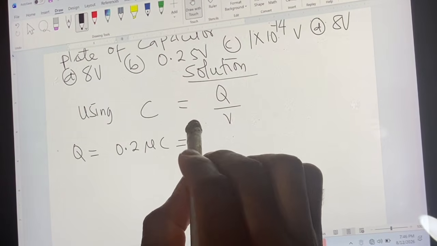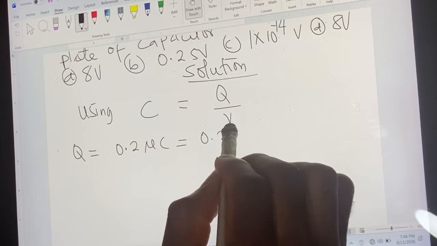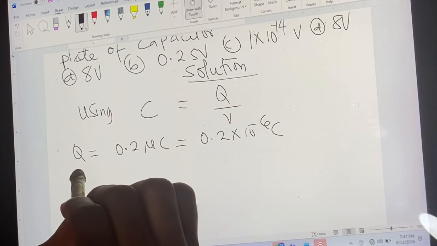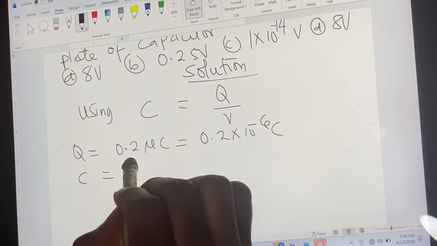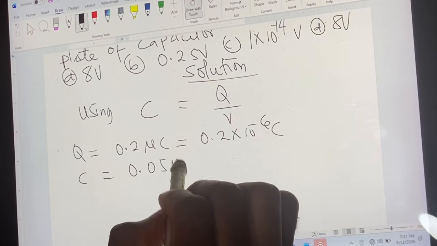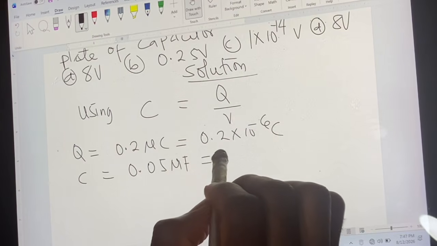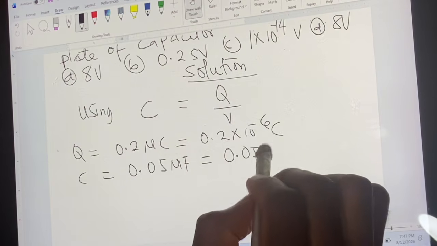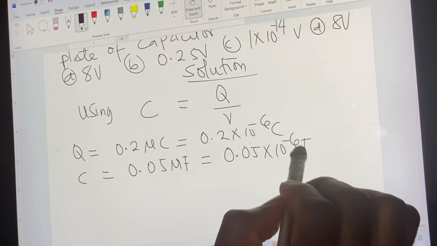Replacing the prefixes, we have this to be 0.2 times 10 to the power of minus 6 coulombs. The capacitance is given to us as 0.05 microfarad. Replacing the prefixes, we have this to be 0.05 times 10 to the power of minus 6 farad.